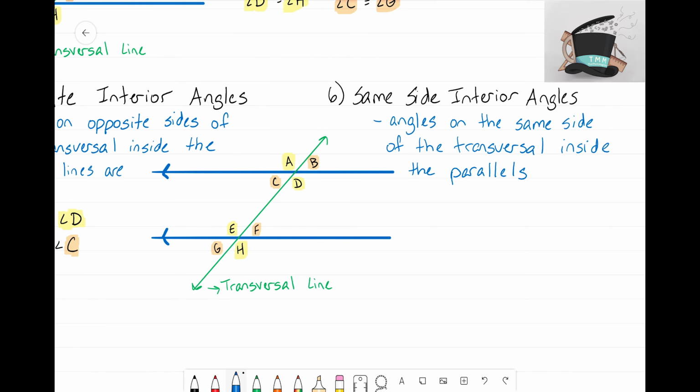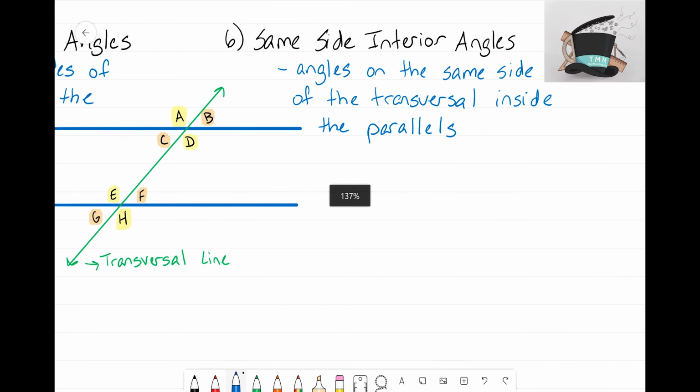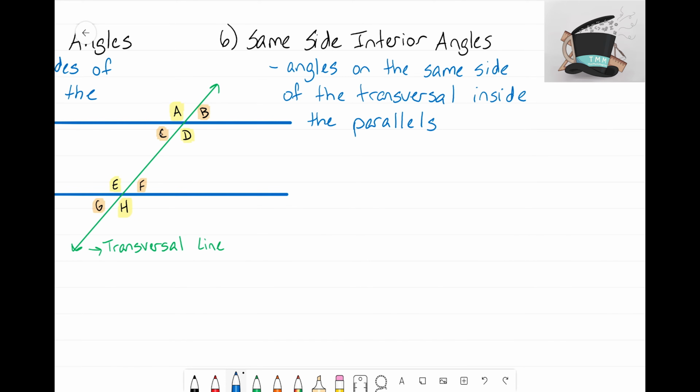Let's take a second before I write down the last piece. Looking at this diagram, we would call angle E and angle C same side interior angles. They are on the same side of the transversal, they're inside, but they are not highlighted the same color. We know that they are not equal; in fact, E and C are supplementary angles. They add up to 180 degrees because remember, C and G were equal.